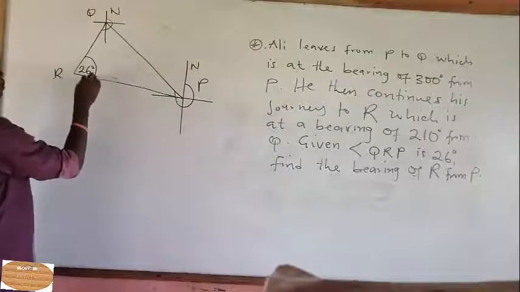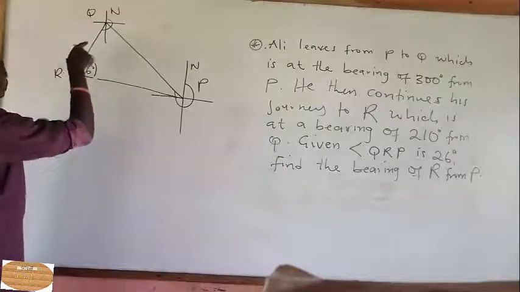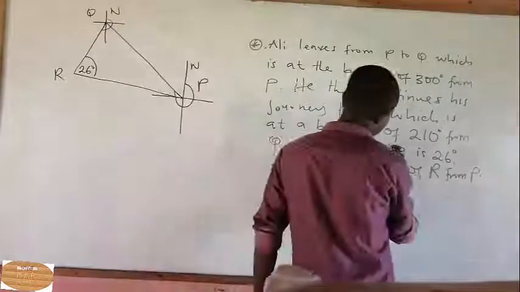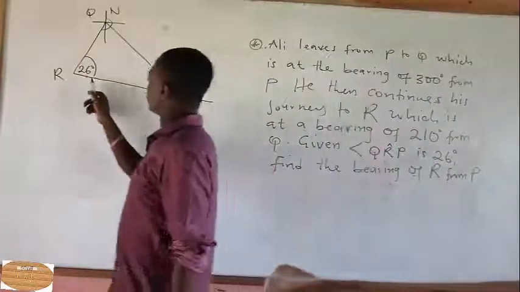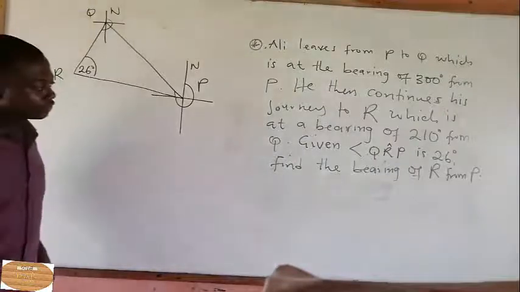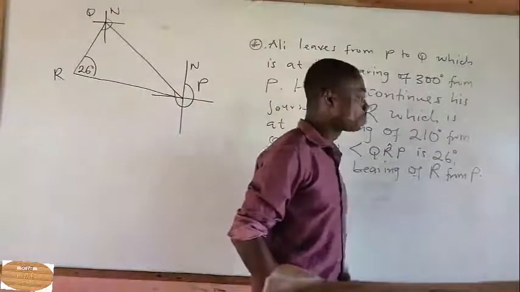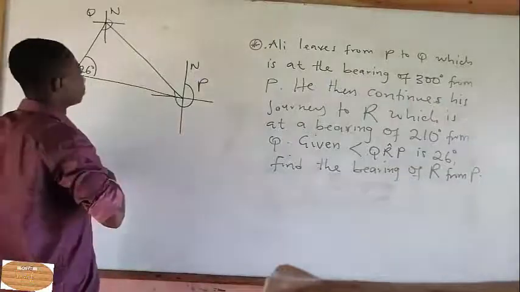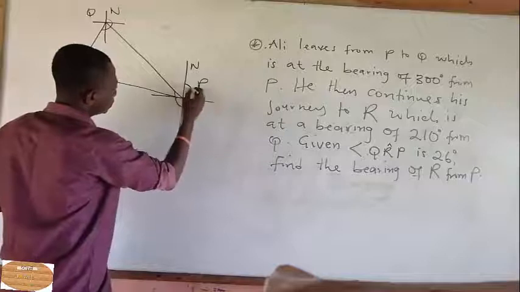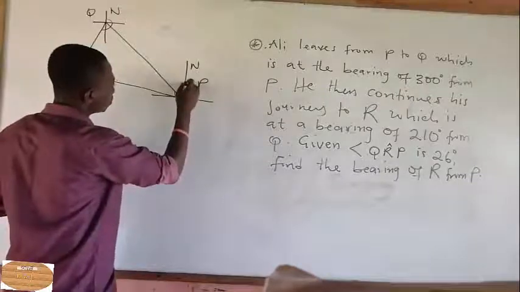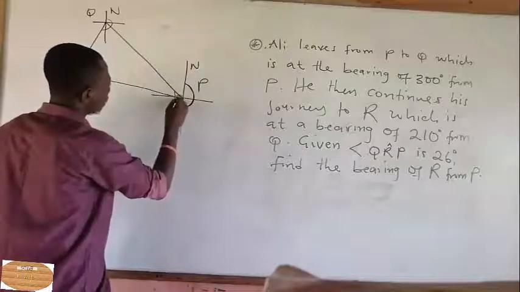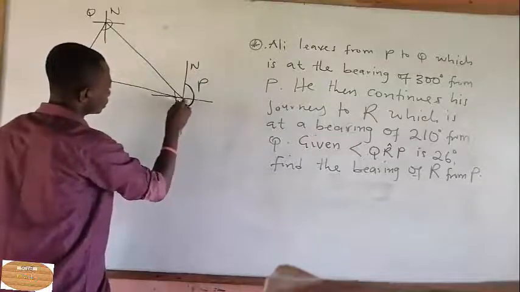Now we are to find the bearing of R from P. So R from P, this side. You will stand at P, start from north and rotate clockwise to the line R. So we are going to calculate this angle.